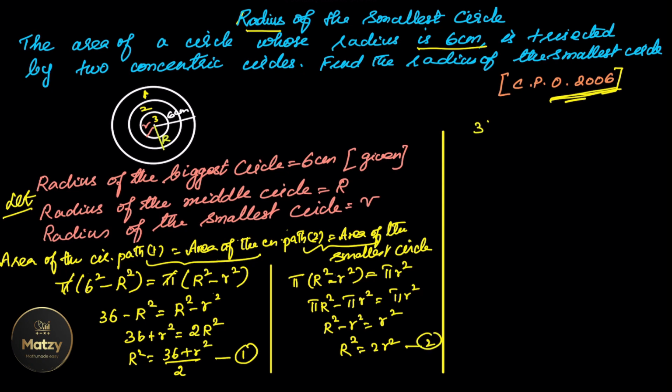So 36 plus small r square by 2 is equal to 2 into small r square. So 36 plus small r square is equal to 4 small r square. So 4 small r square minus small r square is equal to 36.